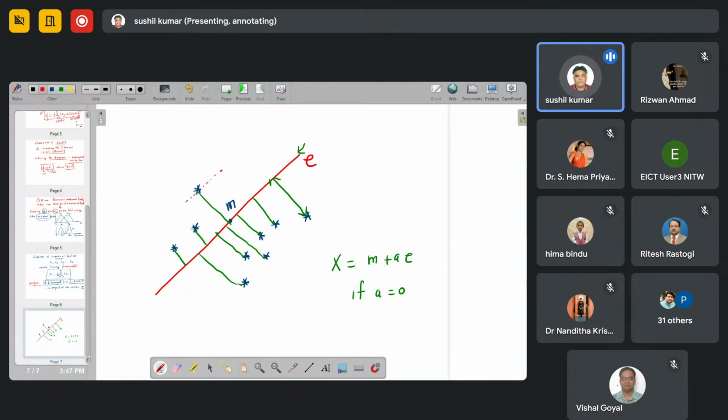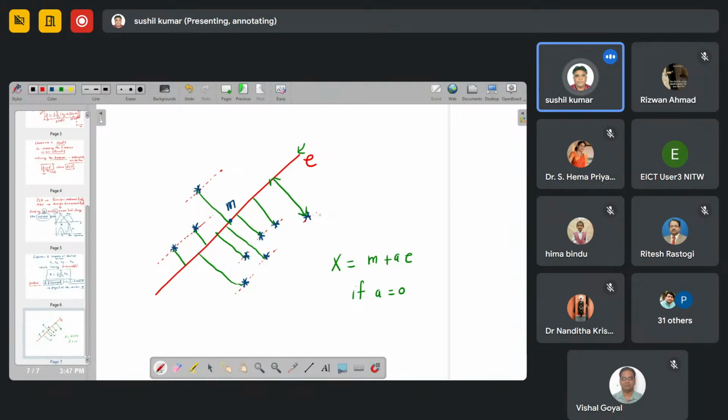If a is having another value, you may be here. So it depends on the value of a. If a is 0, then you are on the same line for which you want to calculate.